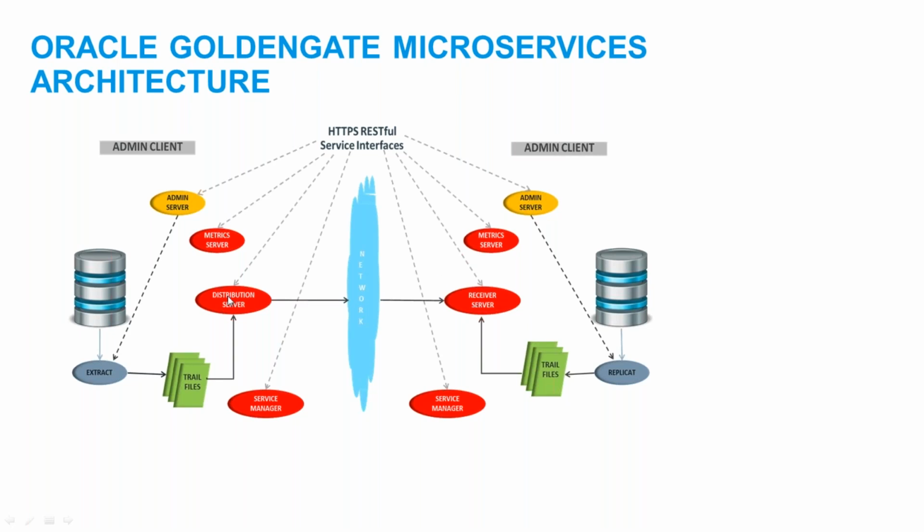The replicat process on the target server reads the data from the remote trail and applies it to the target database. So you have the extract process writing data to the local trail, the distribution server sending data to the target for the receiver server to receive, and then the replicat process reads the data from the remote trail and applies it to the target database.